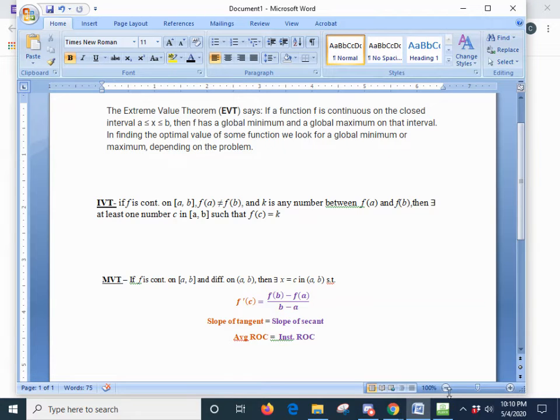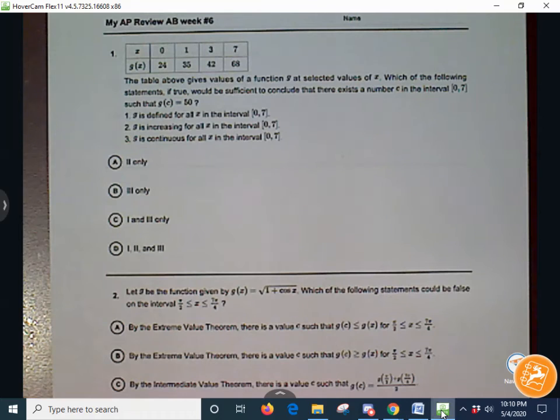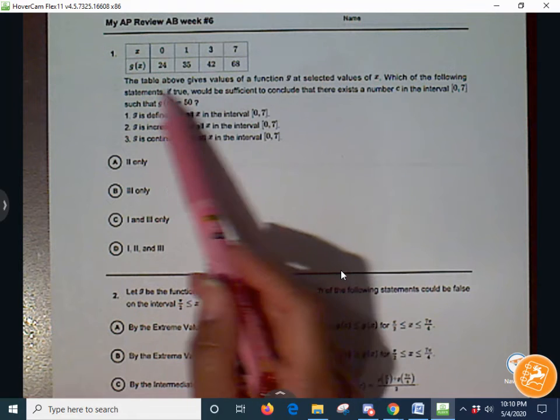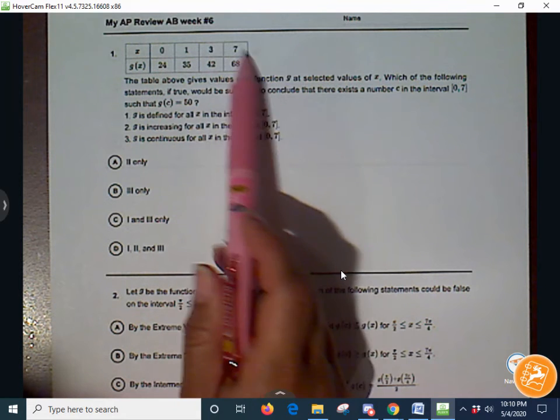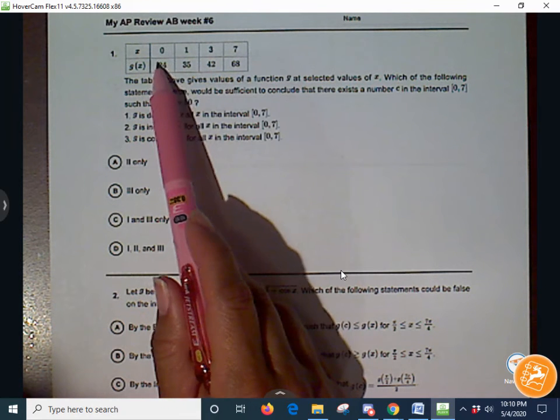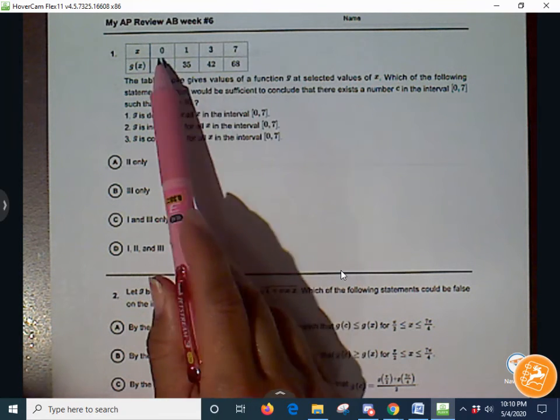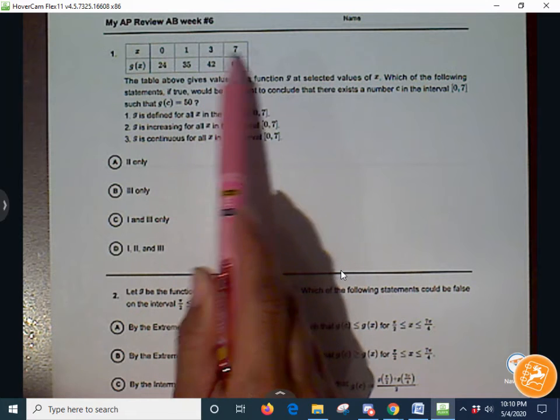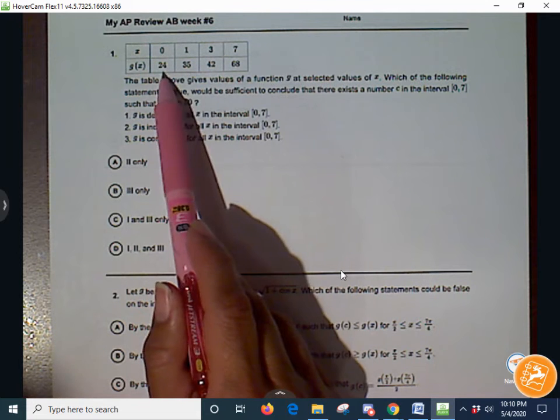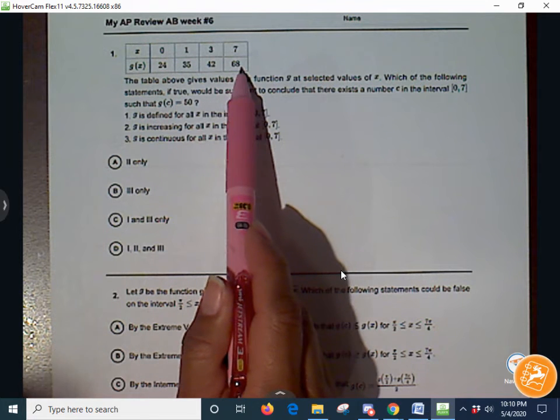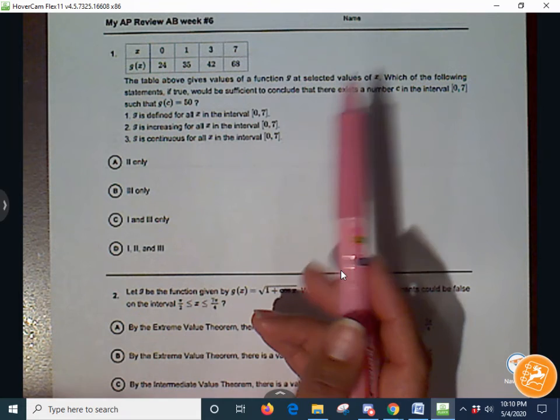Okay, so here is the handout that we're working on. Number one, it says that you have a table of a function g. Let me look at this table. I can see that I have various values. The delta x is not the same, and these values look like they're increasing.